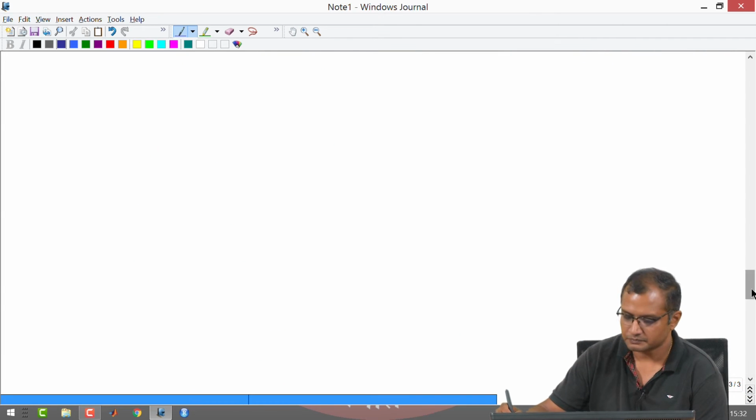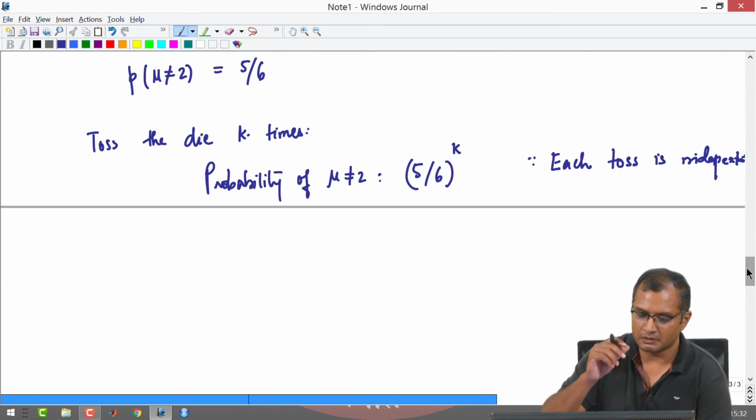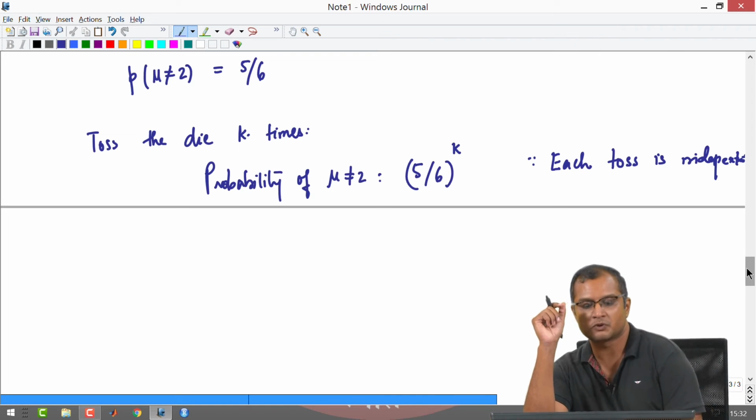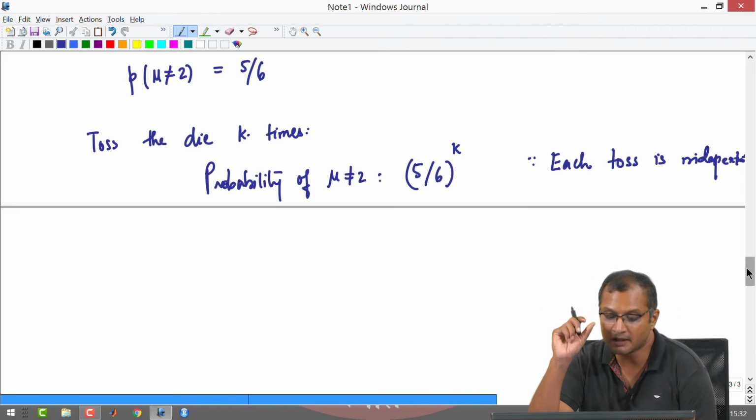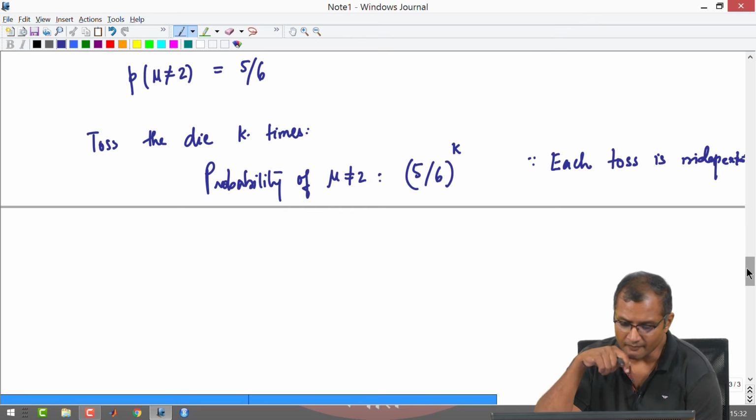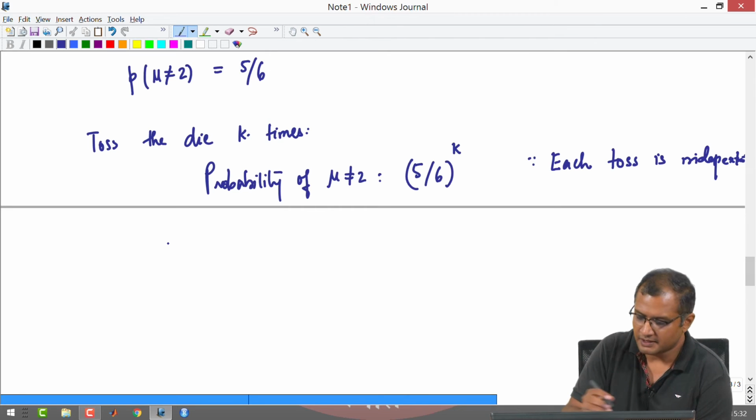Now, the question that was asked was, what is the probability that the occurrence of 2 becomes 2/3?